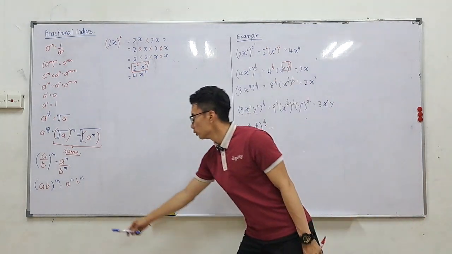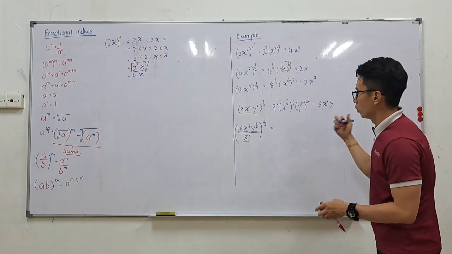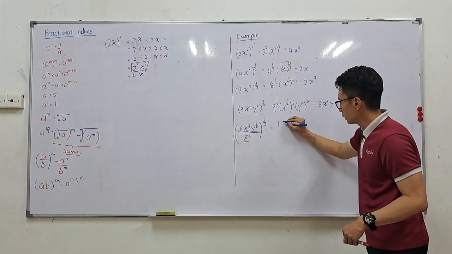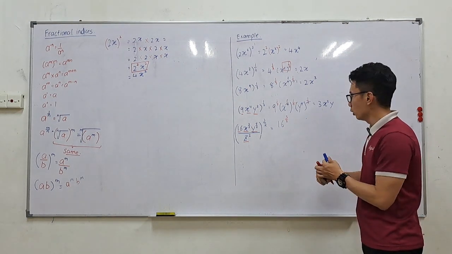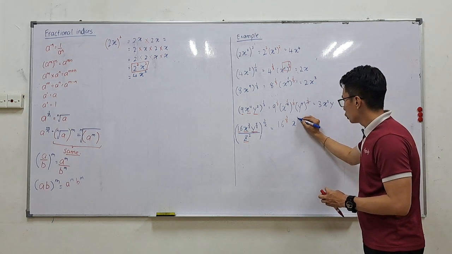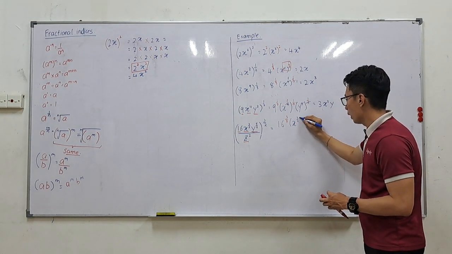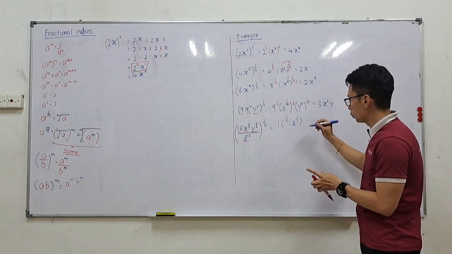Okay, let's use our combination of this and this, so we will understand what's going on. So my first term, that's 16, and I'll raise that to the power of 3 over 2. I have my second term, which is x to the power of 3 over 2, and I will raise this thing to the power of 3 over 2.